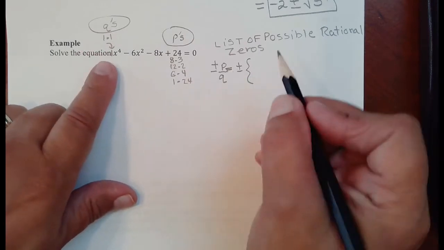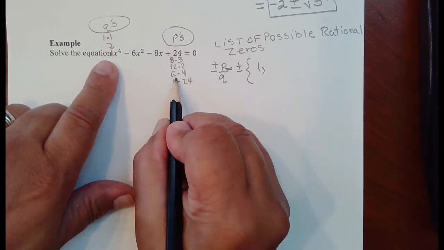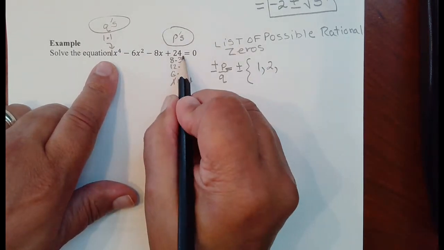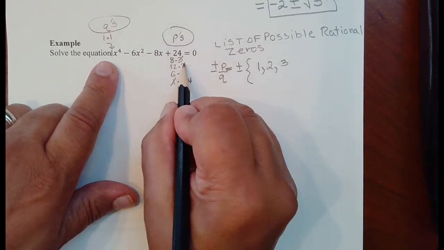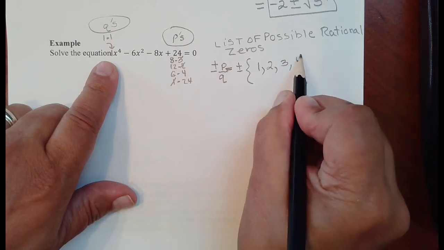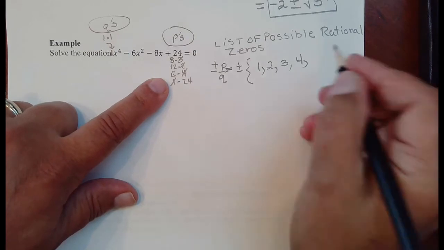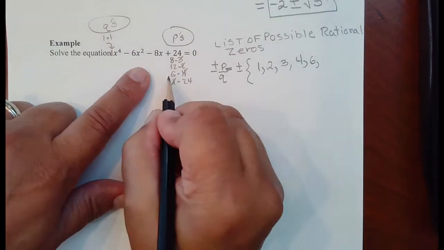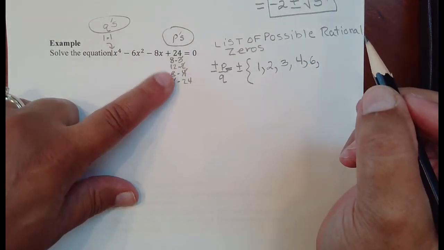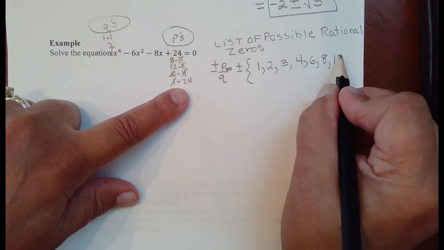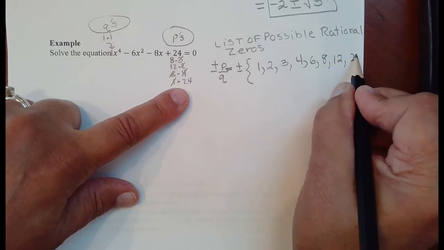It's going to be 1 over 1, 2 over 1, 3 over 1, 4 over 1, let's see, what else, 6 over 1, and then we have an 8, a 12, and a 24.